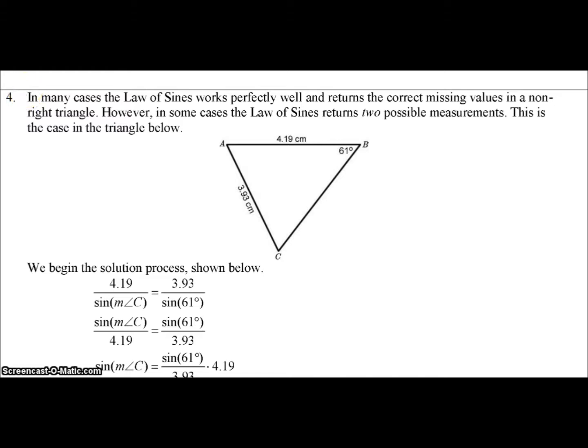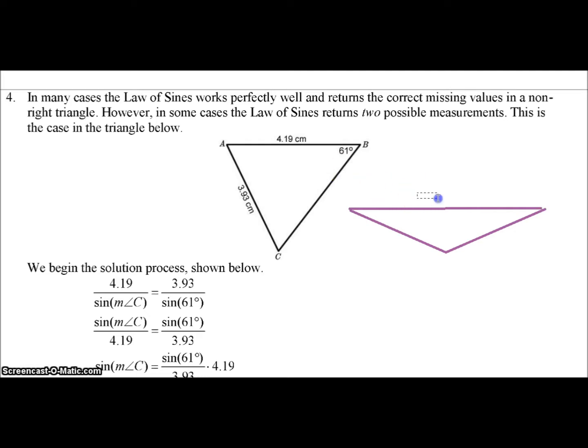But what if C was actually an obtuse angle? We could have all the exact same measurements with an obtuse angle.